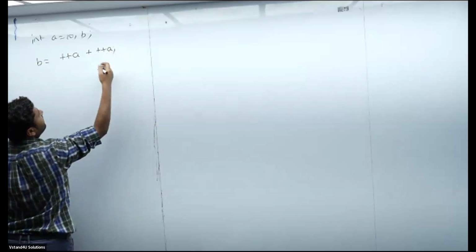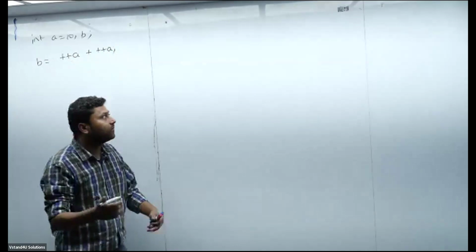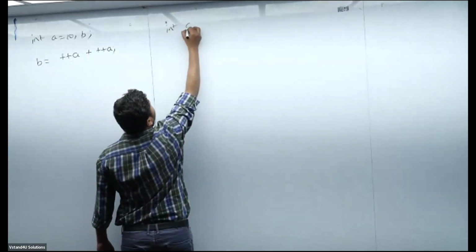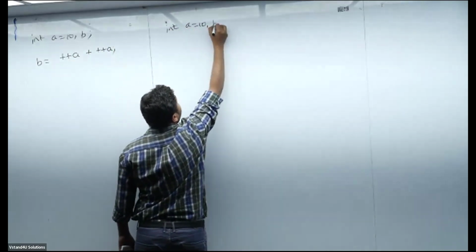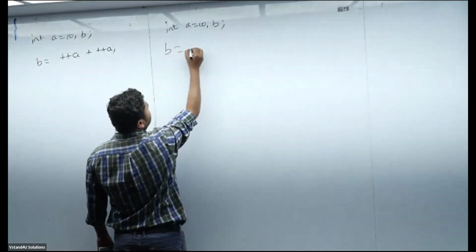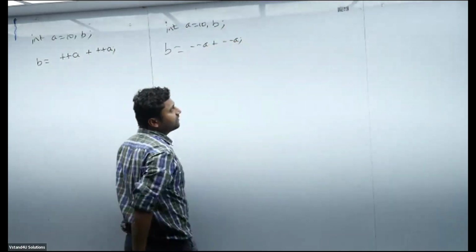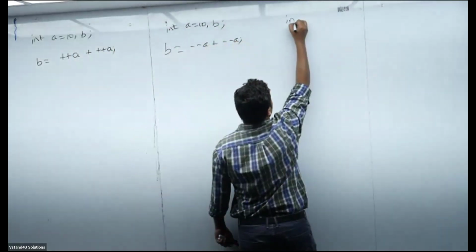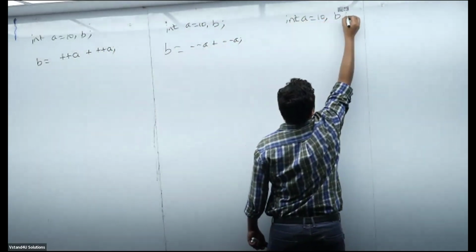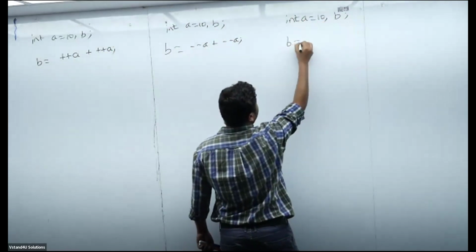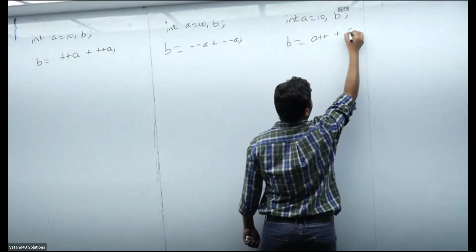Multiple can I do? Possible, right? Once again, int a equal to 10, b equal to --a + --a. Are you clear? Then int a equal to 10, b nothing. Then b equal to a++ + a++.